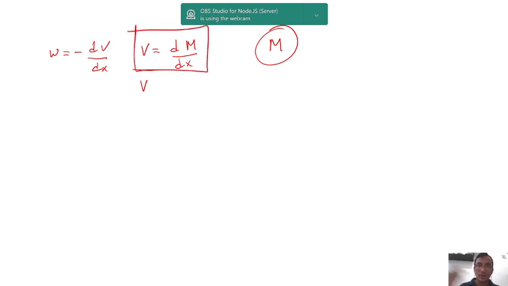On the other hand, if we know the equation which governs V, we can find M by doing integration.